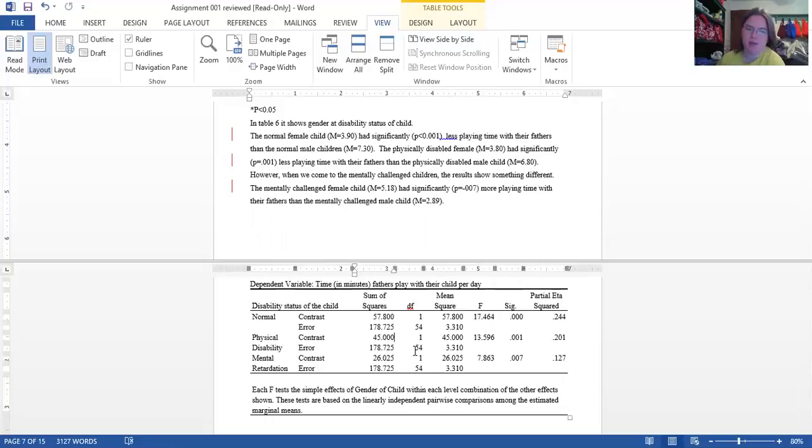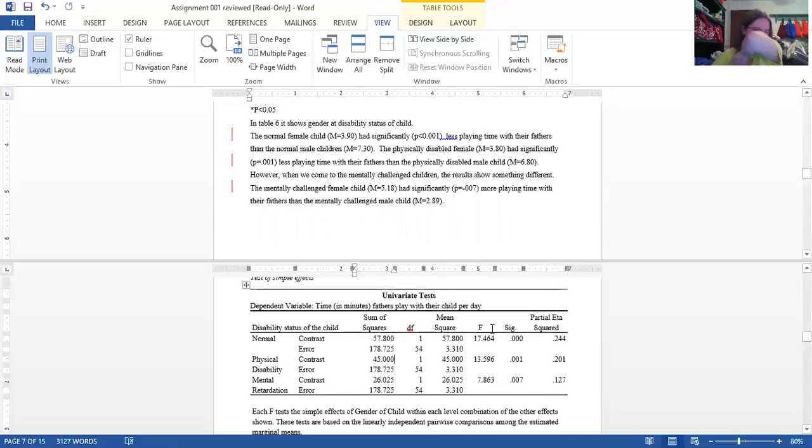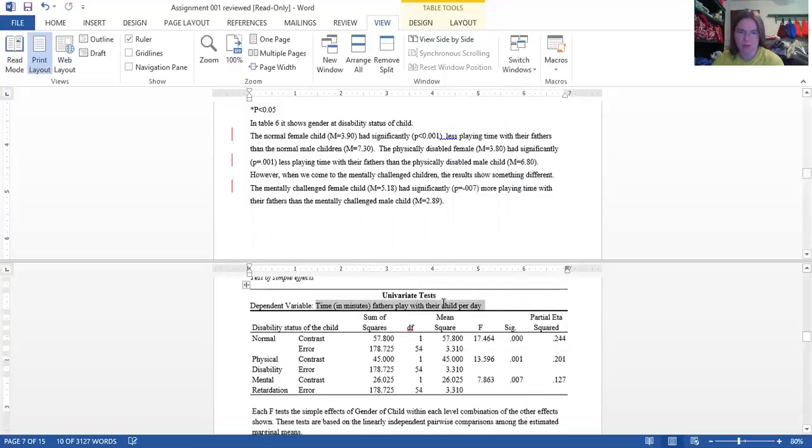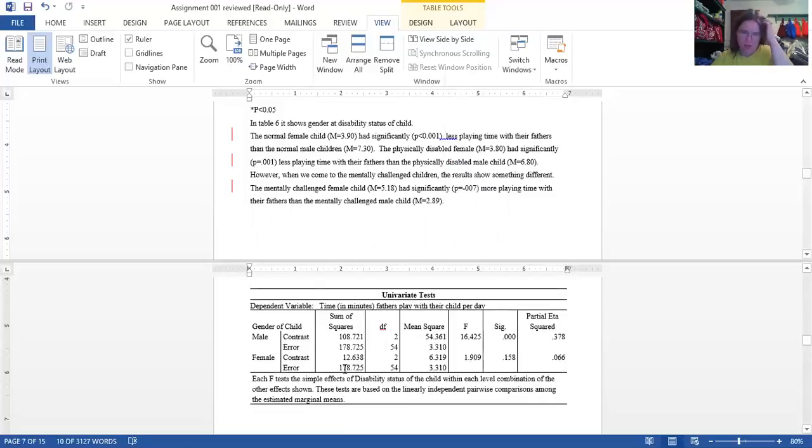If you need help with that, just let me know. Because you don't really need the top of this chart here, you could actually delete it. But I'll let you fix up these two charts like we talked about earlier.